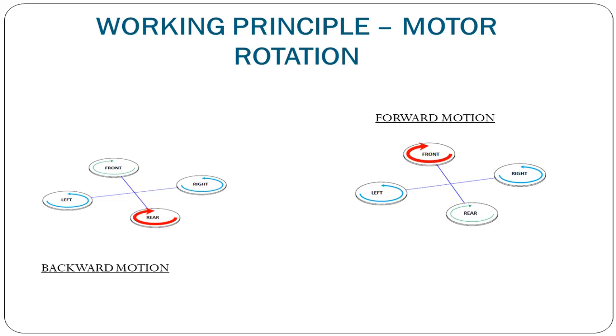And for a forward motion, it's just the opposite. Your front propeller must rotate at high speed, and your rear propeller must rotate slower than the right and left propellers.